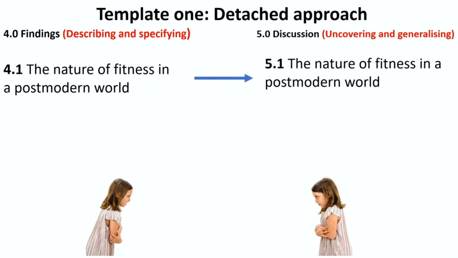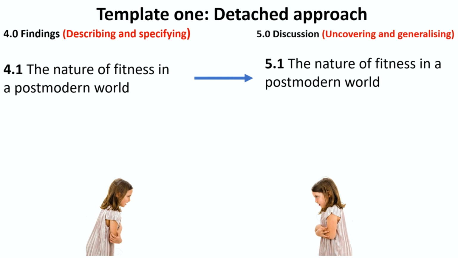You would put a similar heading in the discussion section. The only difference is that when you're looking at the nature of fitness in the postmodern world, in your findings section, you're just describing and specifying the nature of fitness in a postmodern world. But in the next chapter, you're looking at that same area, but instead you're uncovering and generalizing the nature of fitness in a postmodern world.